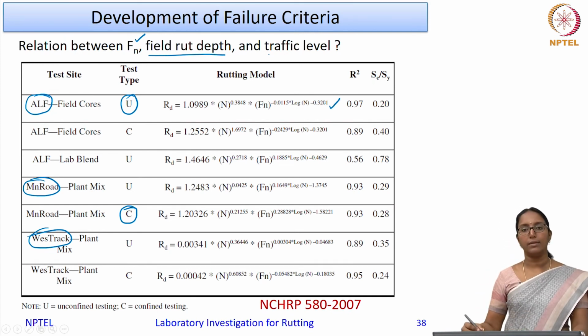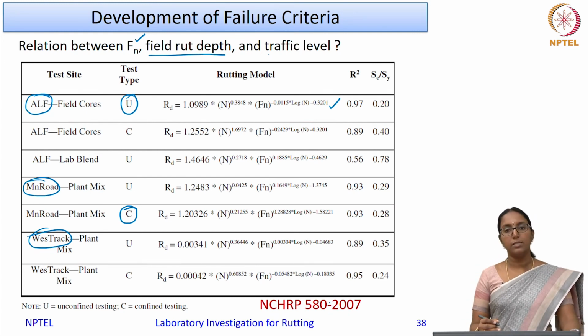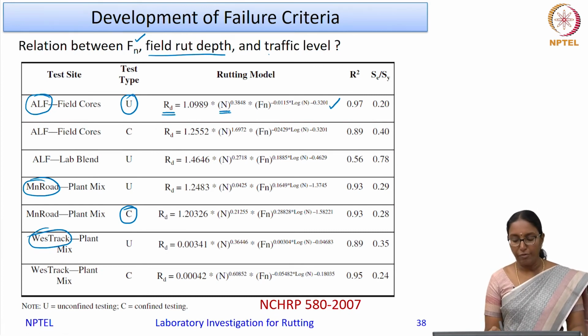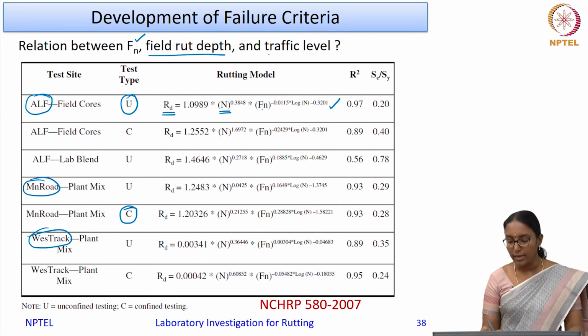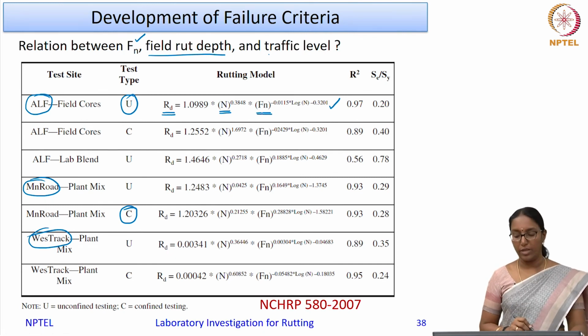I have just taken a snapshot from NCHRP 580 of certain models that are developed. So RD is the rut depth, N is the number of ESALs or the traffic in equivalent standard axle loads, and Fn is the flow number of the mixture that is used in that accelerated loading facility.